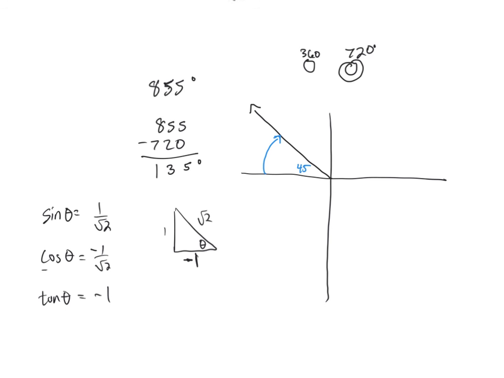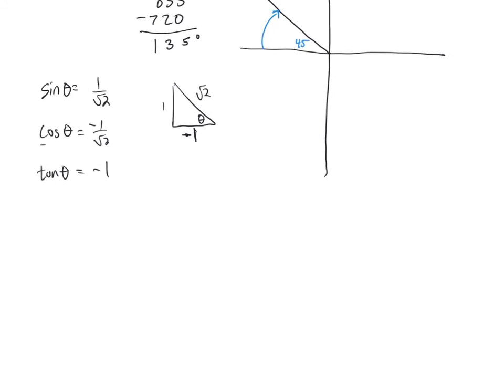Let's do another one, but this time using radians. Okay, so here, if my angle is 11 pi over 6, let's do 11 pi over 6. Well, I don't know what that is.